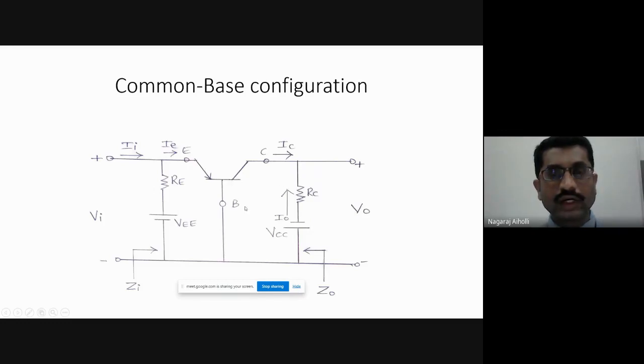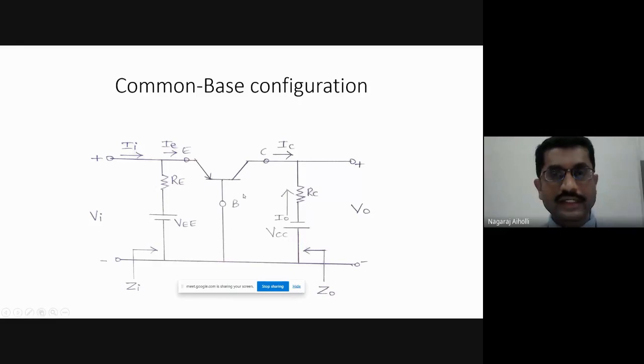Therefore IE is equal to IB plus IC, and that formula holds good. Output voltage is Vo and output impedance is Zo. This is the common base configuration considering the PNP transistor.